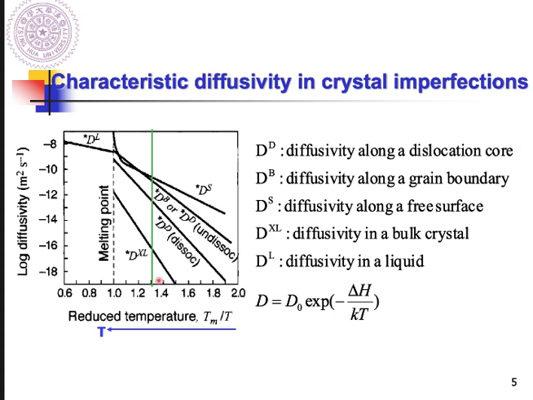As you know, compared with the grain, the diffusivity in the crystal imperfection site is higher than that in the grain, right? So when we move here, this one we call DD. What's DD? It is the diffusivity along a dislocation core, and we also label it as a dissociated dislocation. If you move upward, you find that it's also DD, and this is an undissociated dislocation.